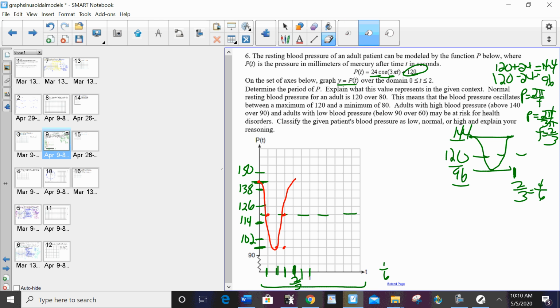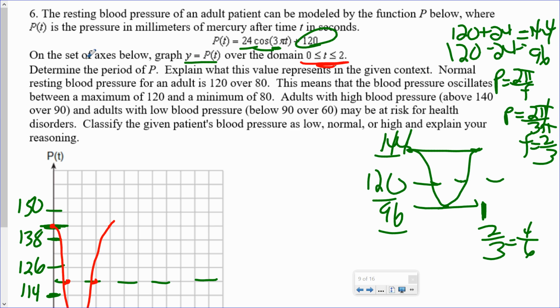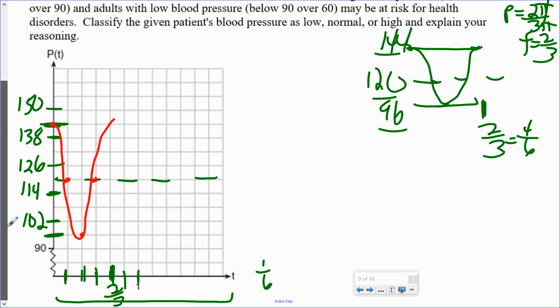Now, because it said that it wanted me to graph it from 0 to 2, I need to keep on going. I need to make more waves. I have 4 more dashes, 1, 2, 3, 4, and I'm going to make another wave. Same wave, just a second one.